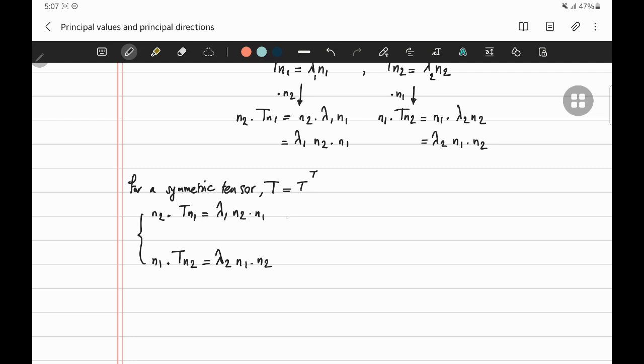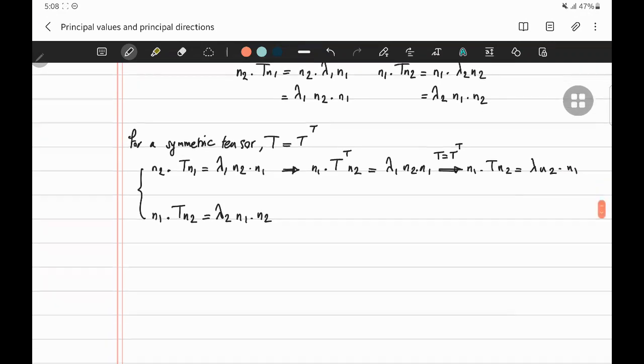I can rewrite this as n1 dot T transpose n2, which is equal to lambda 1 n2 dot n1, and since T is equal to T transpose, n1 dot T n2 is equal to lambda 2 n1 dot n2.